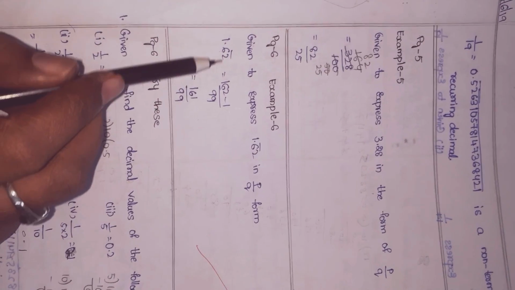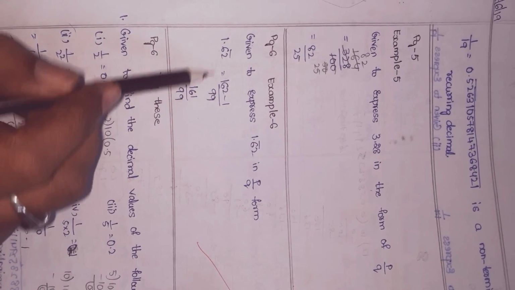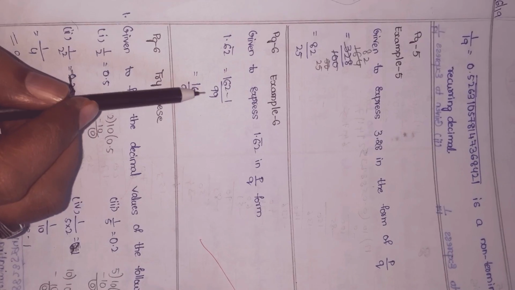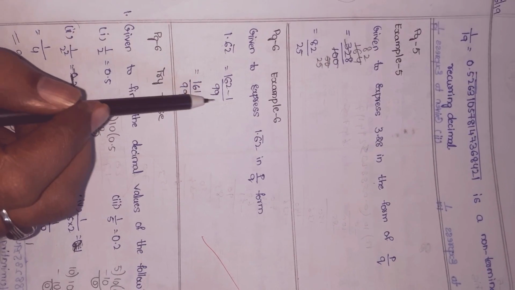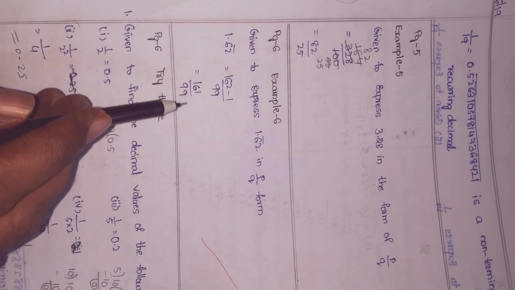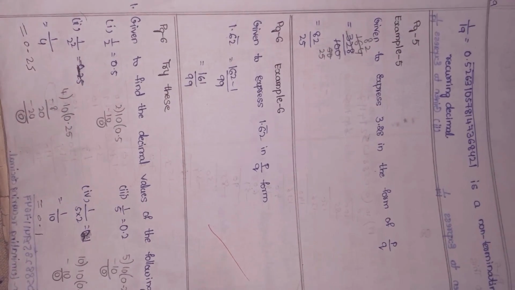Without bar only one number is there, that is 1. So 162 minus 1, divided by as many nines as there are digits under the bar. Here 2 digits, so 2 nines means 99. So 162 minus 1 is how much, children? 161 by 99. Is it clear, children?